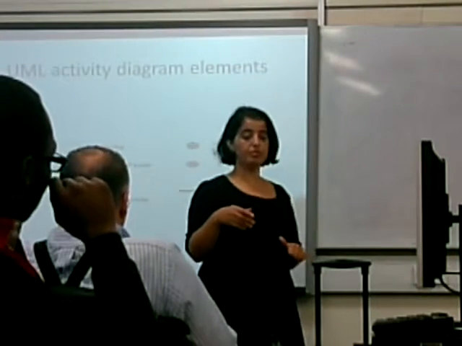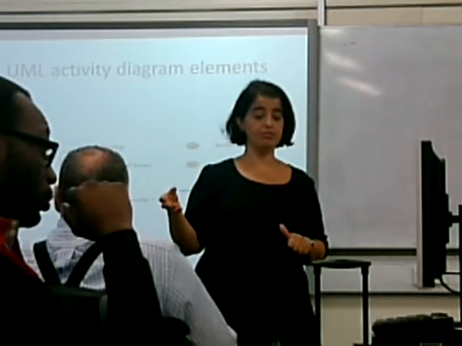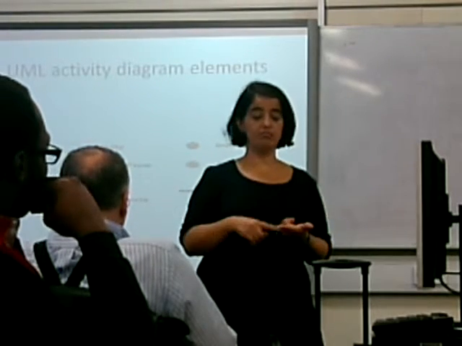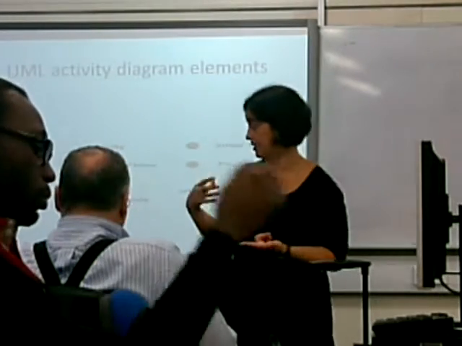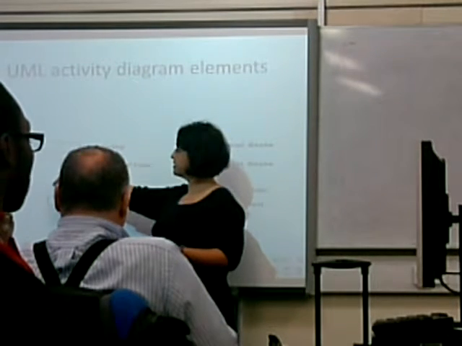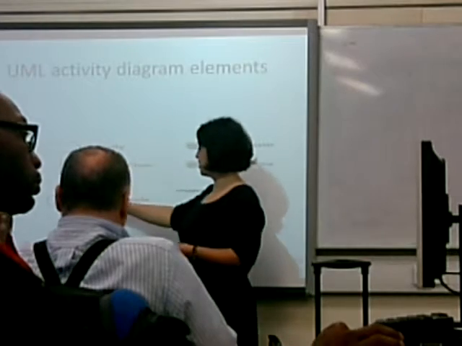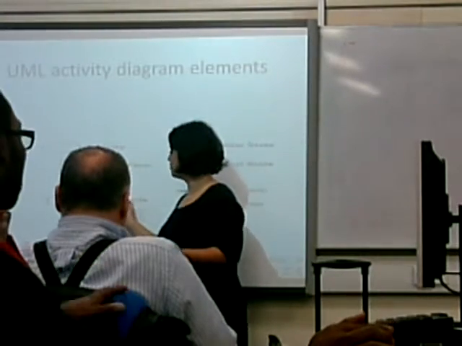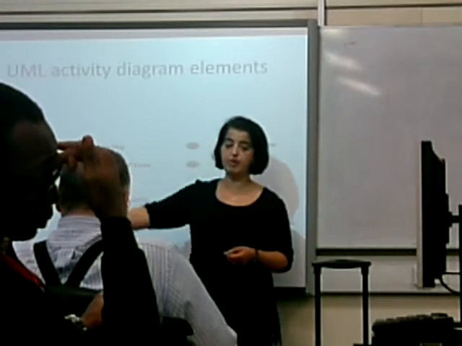So for example, get customer information, process the order, any activity can do. The control flow shows how you go from one activity to another. Object node, this is the information that gets transformed by the activity.